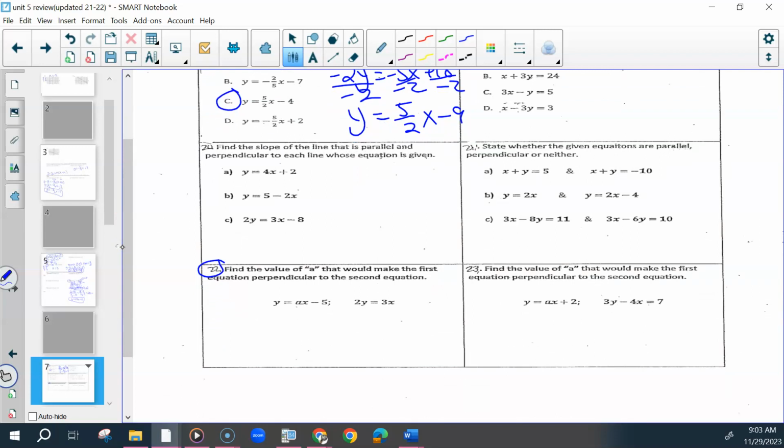For 22, it says find the value of A that would make the first equation perpendicular to the second. So if we knew or could see the equation of the second, then we could find the slope that would be perpendicular. So first we have to solve this, divide everything by 2.